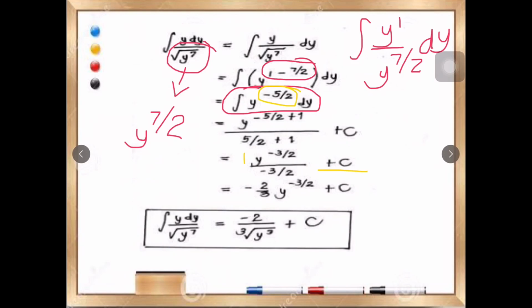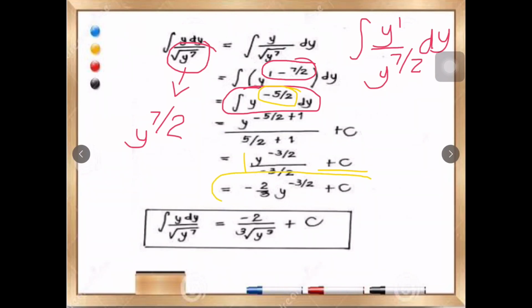Imagine a 1 here: 1 divided by negative 3 over 2 is equal to negative 2/3 y raised to negative 3 over 2 plus our arbitrary constant c.